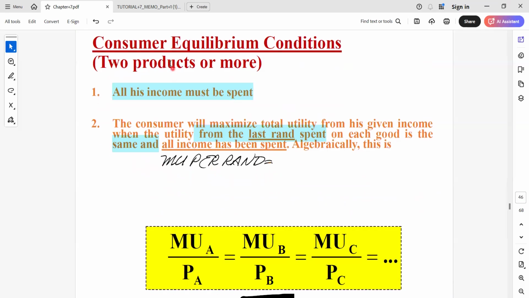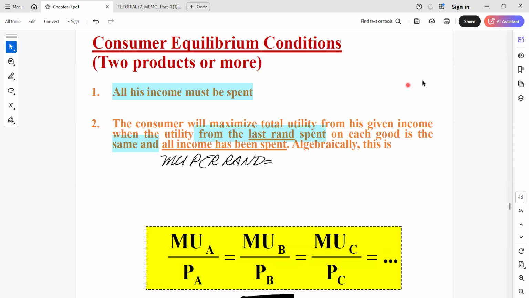So I'm just going to pause this one. They're saying here, consumer equilibrium conditions. So when you're buying two or more products, there are conditions which must be met. All income must be spent. So you must spend all your income. Remember when I went to that slide, I said that when you're purchasing just one product, your marginal utility just has to be equal to the price of the product.